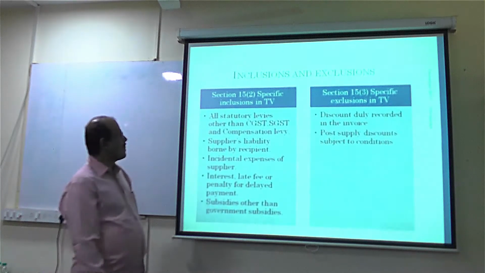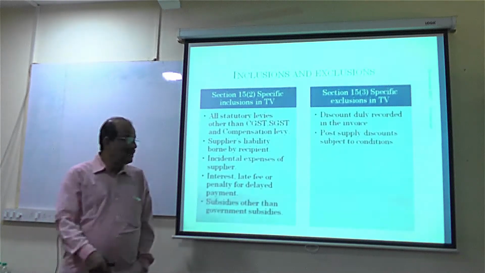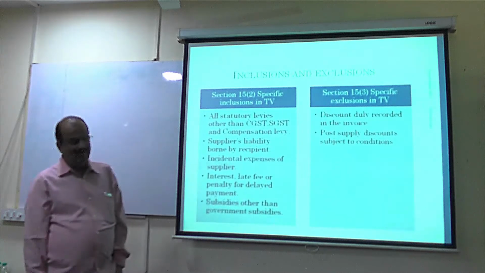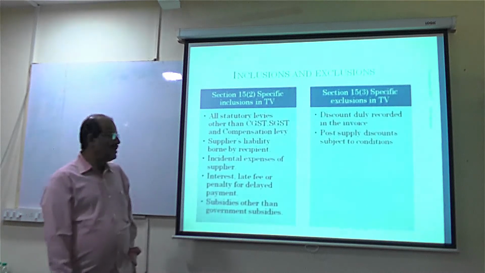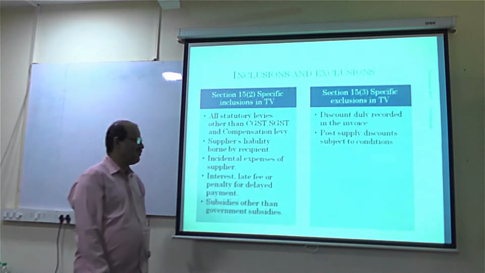Before we go to the inclusions and exclusions, and after explaining the main provisions, I will have to mention the fact that valuation is a very important aspect in the GST law.